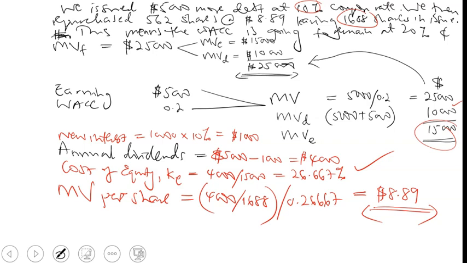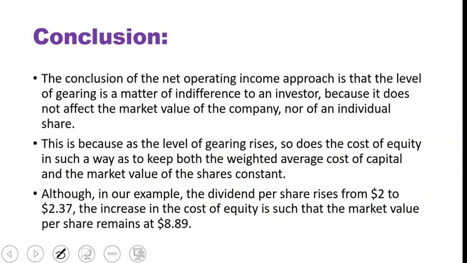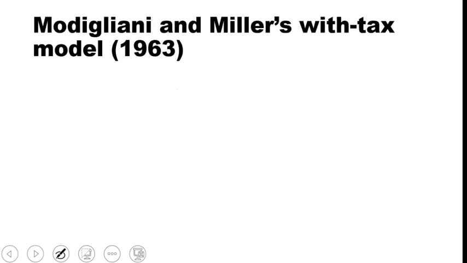All right, now let's look at Modigliani and Miller's approach with tax model. Now, in 1963, Modigliani and Miller revisited their theory. They discovered that the assumption that there is a perfect market is too simplistic and not real.